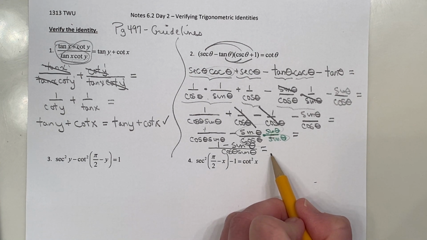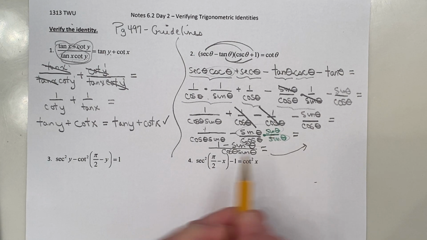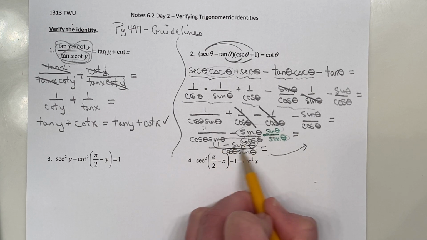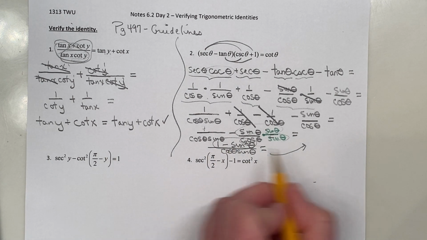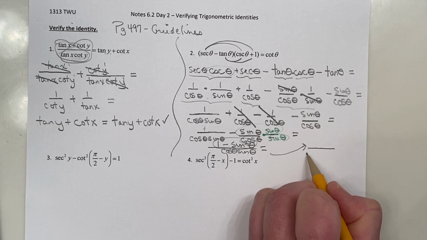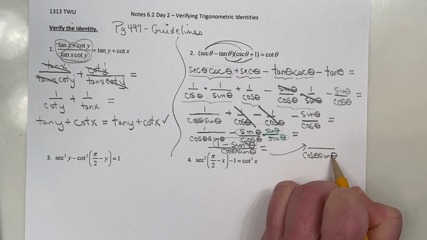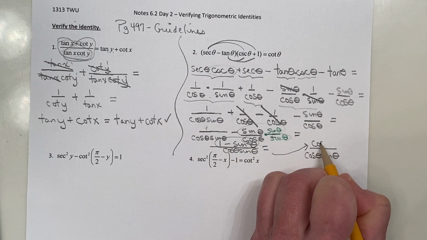Not quite done. Running out of room. Let me come over here. Observe this fraction. Notice that the numerator is actually equal to cosine squared theta by the Pythagorean identity. So I'm going to keep that same denominator, cosine theta times sine theta, but in the numerator, I'm going to replace this numerator with cosine squared theta.